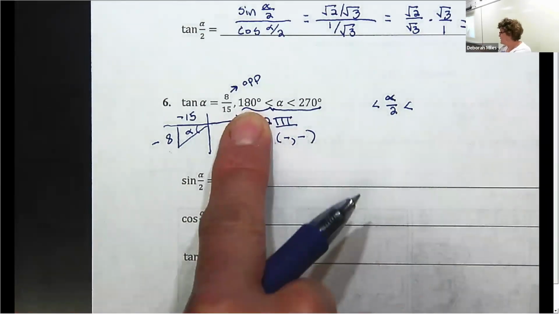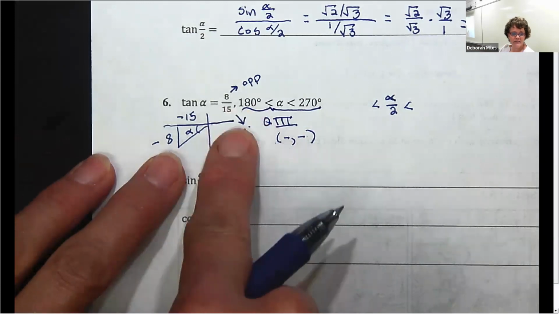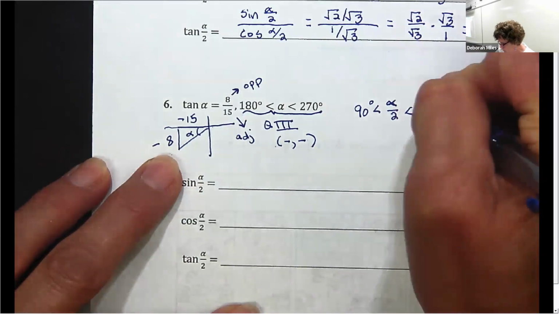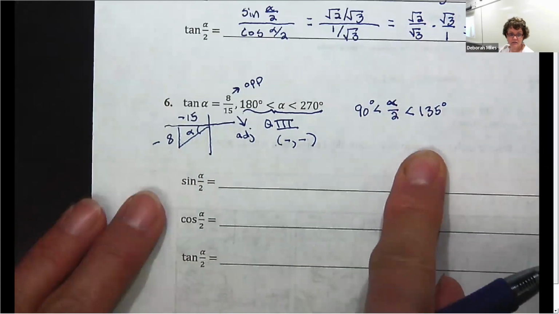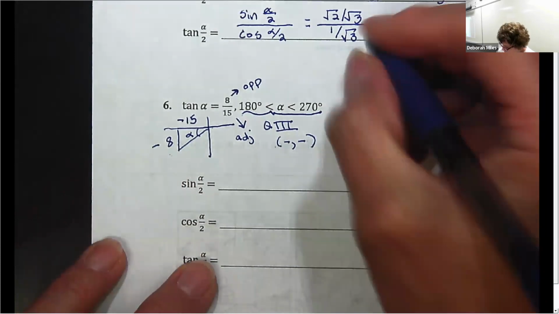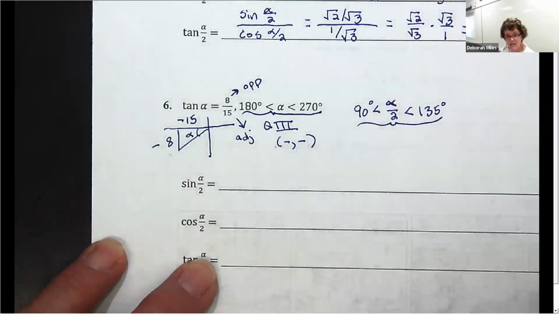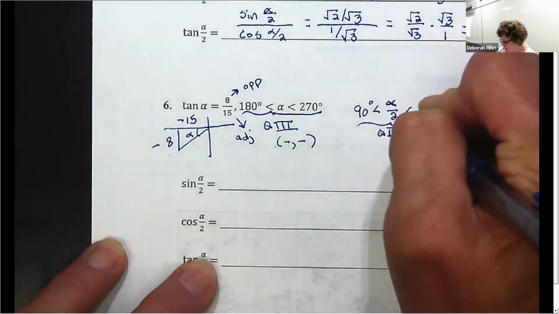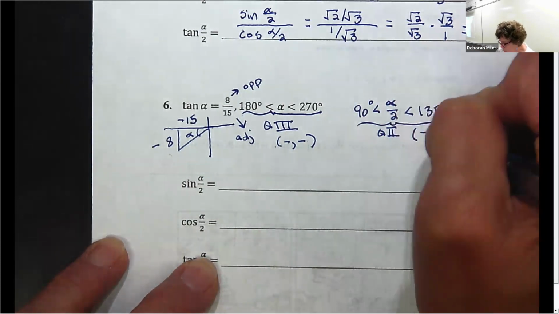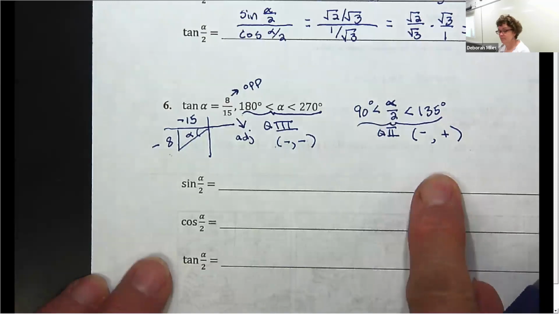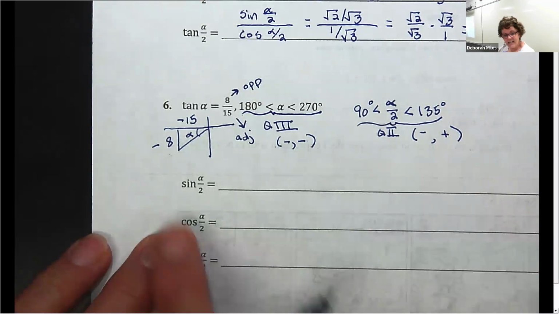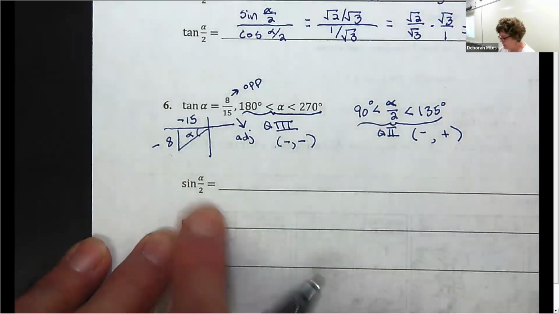Since this was in degrees, I'm going to leave it 90 to 135. And what quadrant's that in? Between 90 and 135 degrees, that's quadrant 2, where my x's are negative, but my y's are positive. So when we find sine of alpha over 2, are we going to use the negative or the positive square root?